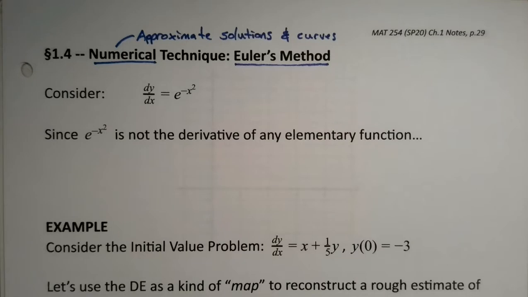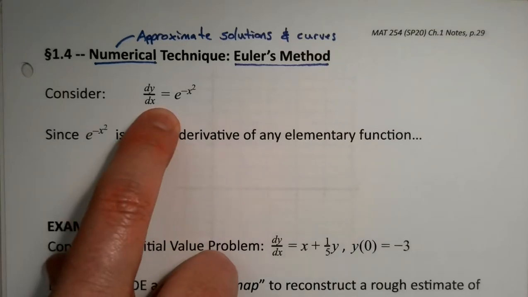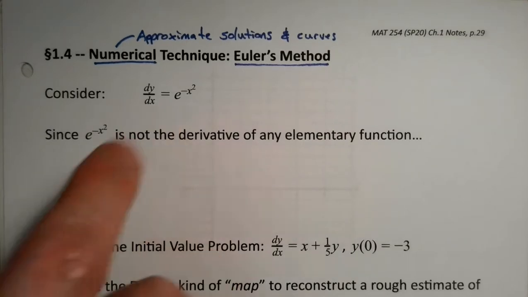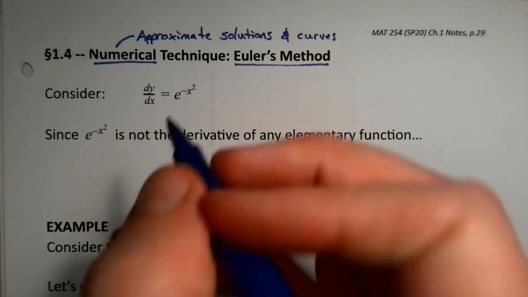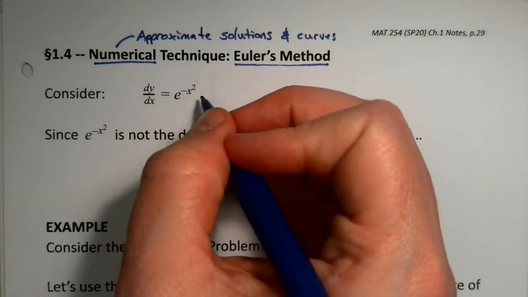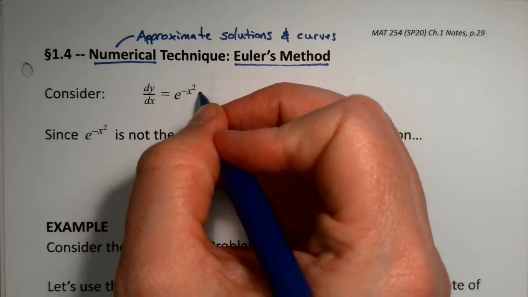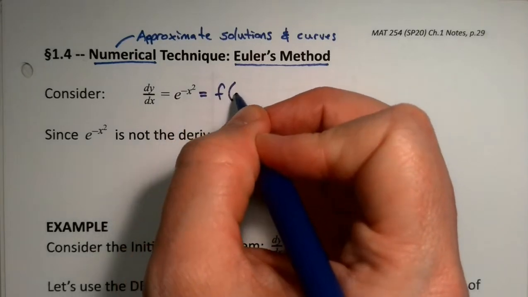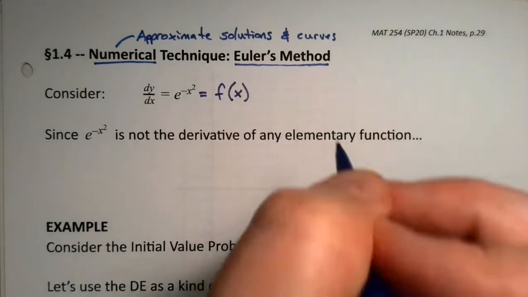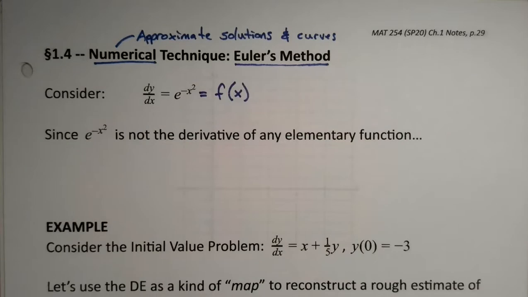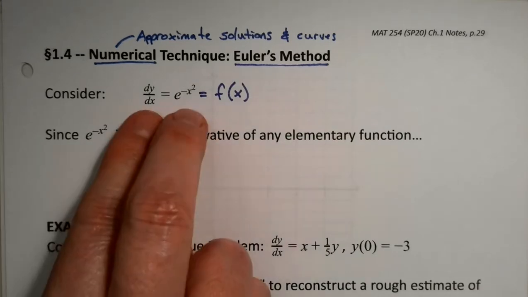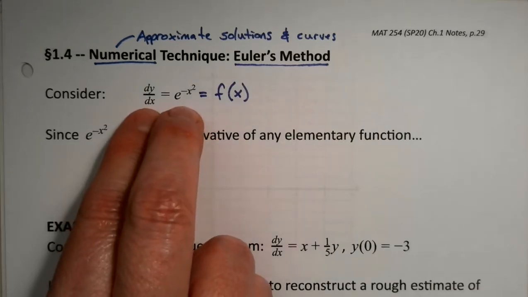So what I want to do is start off by taking a look at a differential equation, which on the surface you might recognize as being, excuse me, not autonomous, but dependent only on the independent variable. So this is just a function of x. And on the surface you might think, oh cool, I know how to solve those. Just integrate both sides.